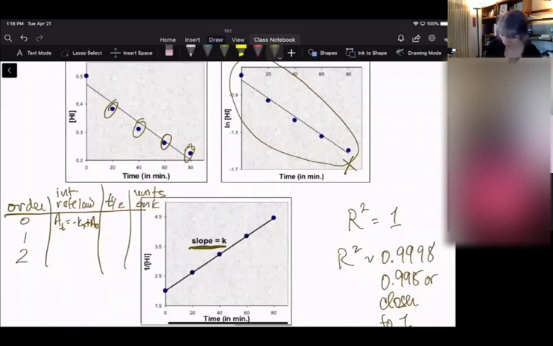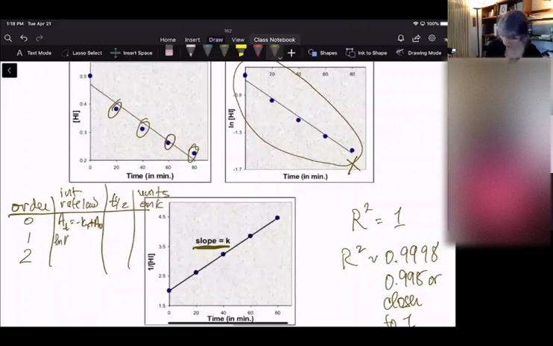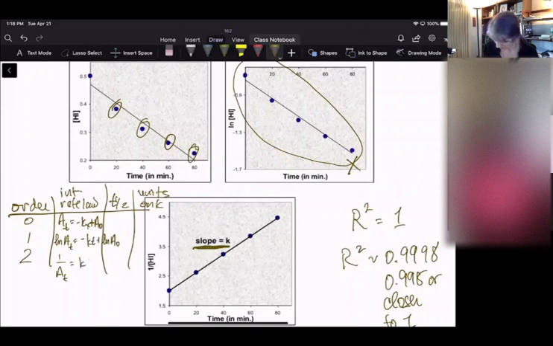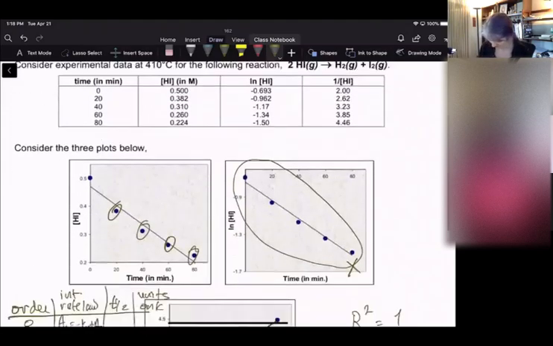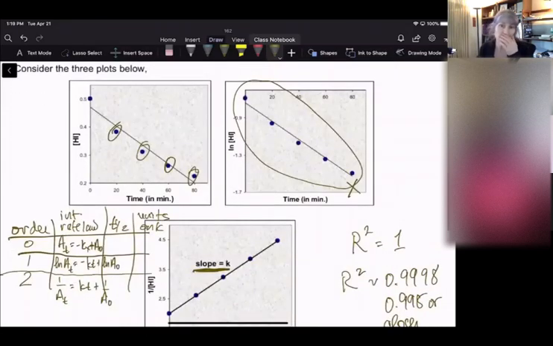And again, I'm not writing it super beautifully because I want you to write your own. It's minus kt plus log of A naught. And then this is going to be 1 over A t is positive kt plus 1 over A naught, right? Yes. So go ahead and fill in those.